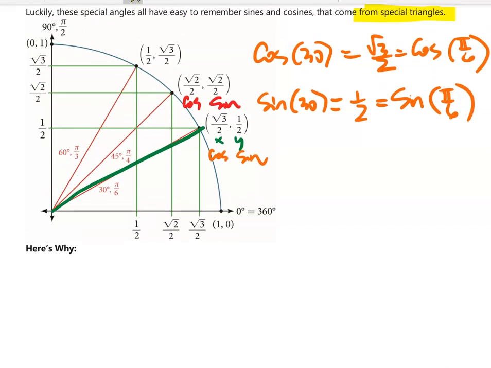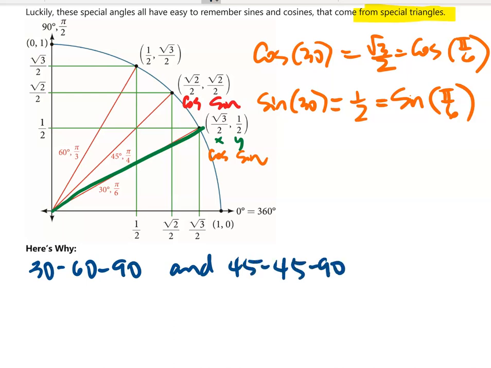All these special angles have easy to remember sines and cosines from special triangles. Remember 30, 60, 90, and the 45, 45, 90 degree triangle. And that is all with hypotenuse of 1.